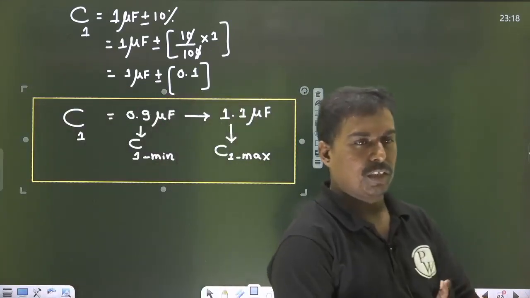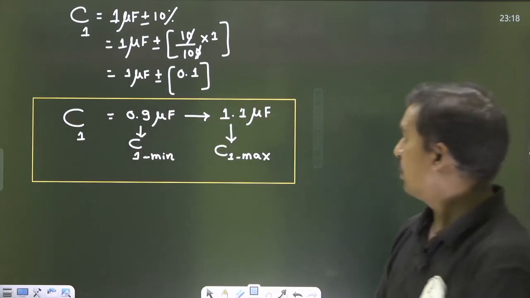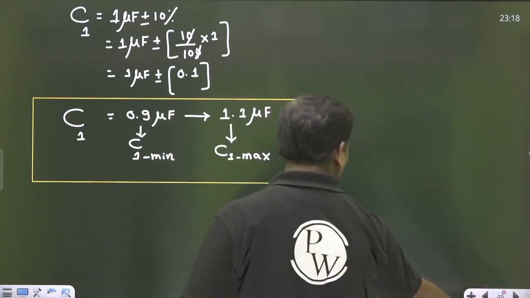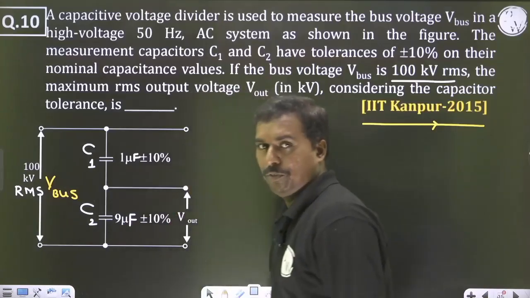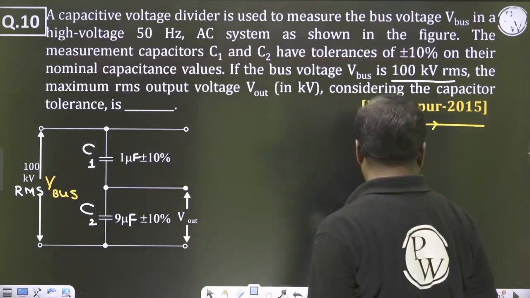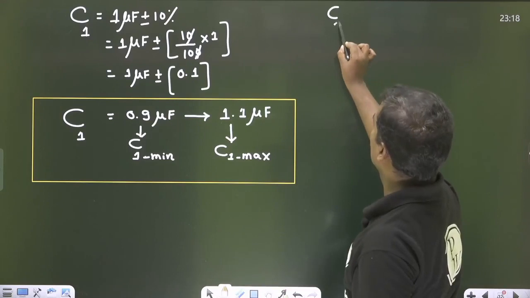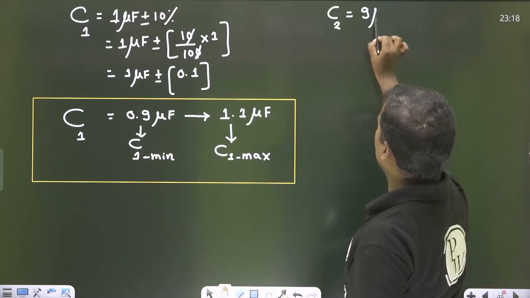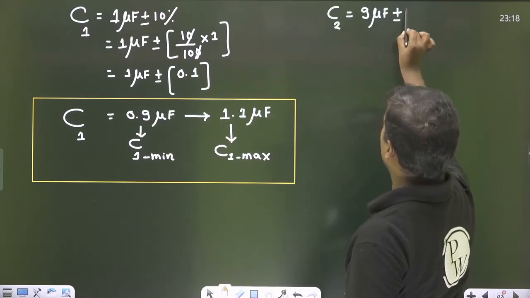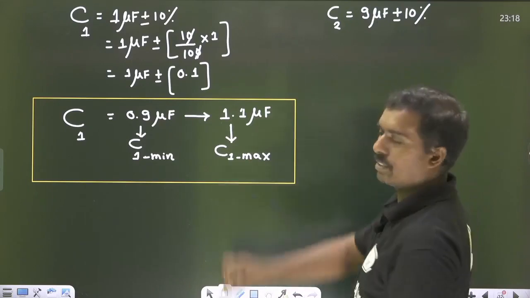Got it? So these are the values for C1. Similarly, try to do for C2. C2 is 9 microfarads plus or minus 10%.